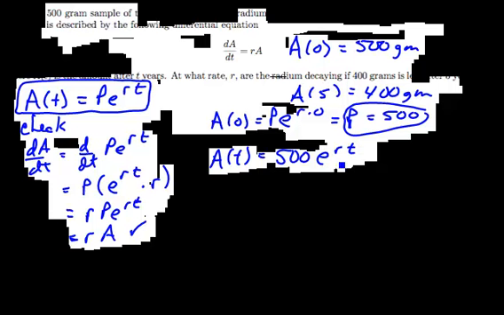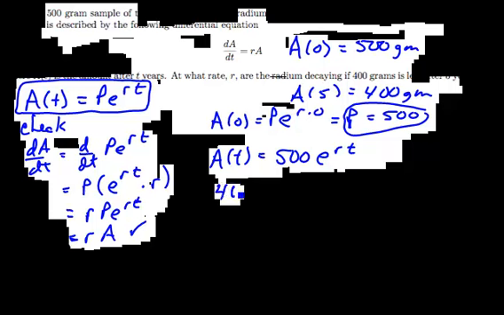I still don't know the value of r yet, and in fact that's what they're asking for in this problem. So let's see if we can use our second piece of data to find out the value for r. Let's just plug in what we know and solve for what we don't know. The amount that I want to end up with is 400, and the time that should make that happen is 5. So we must have 400 equaling 500 e to the r times 5.